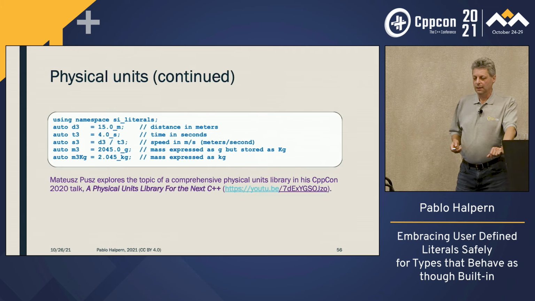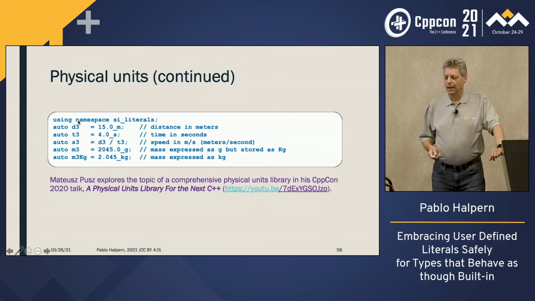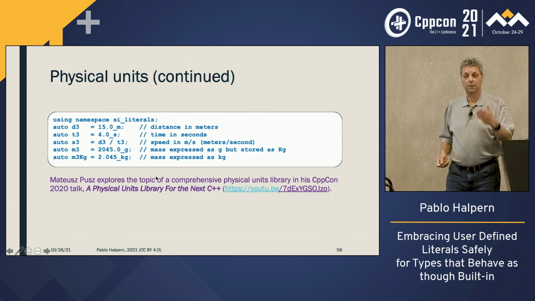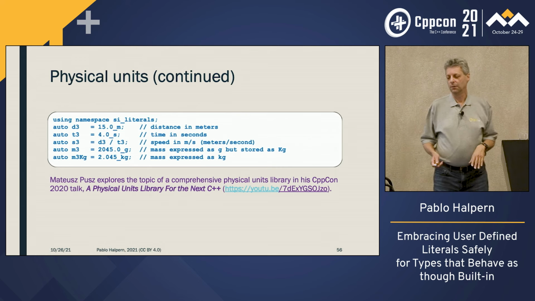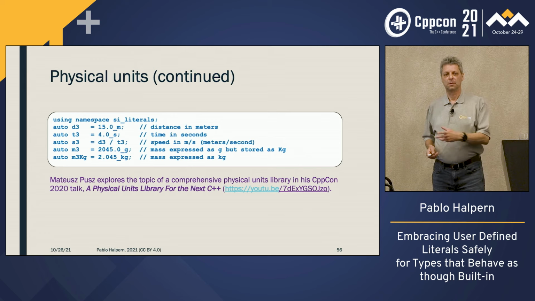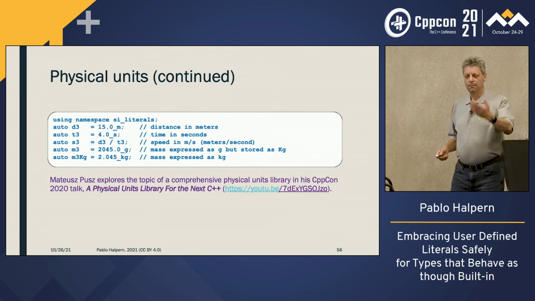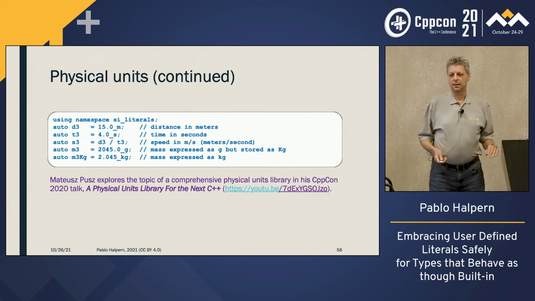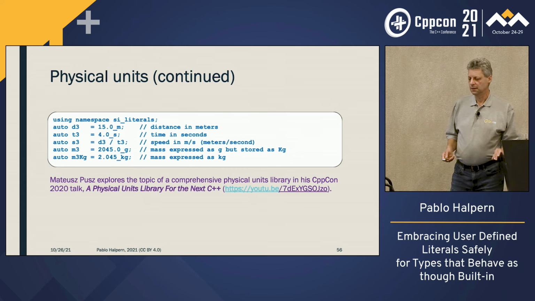And we use them in this case here where we can see what units we are and we don't end up with these unit mismatch errors that are often conversions. And if you're interested in a unit library that uses these concepts, you should look at Matthew's talk from last year on YouTube, where he talks about a units library for C++ that is in the proposal stage right now in the standards committee for standardization.